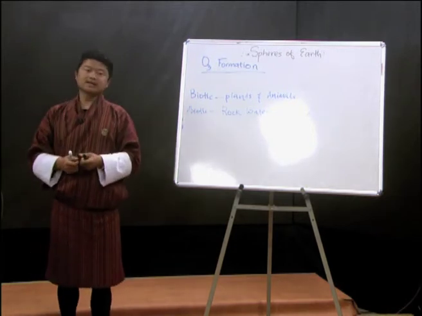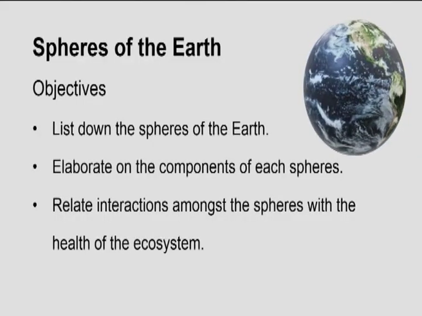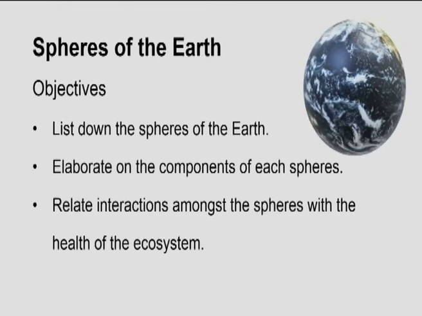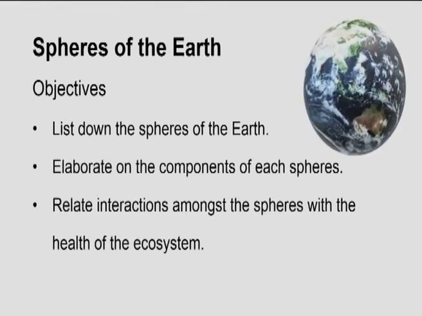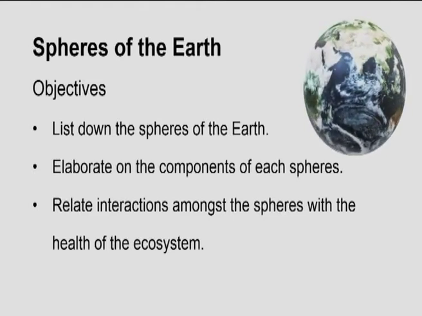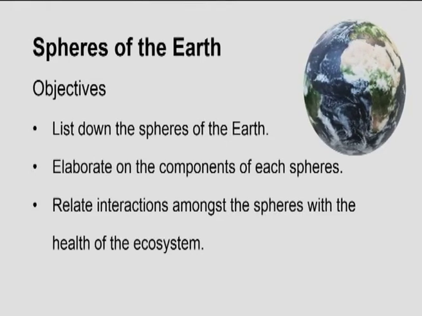So in this lesson, we will try to learn about the spheres of the Earth. We are going to elaborate on the components of each sphere, and we are also going to relate how these spheres work in order to provide a healthy ecosystem.